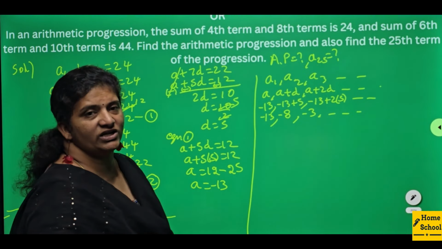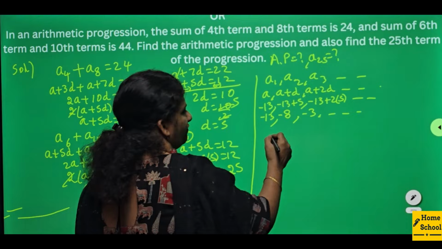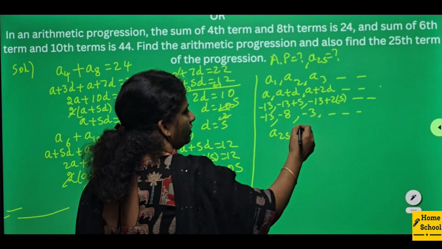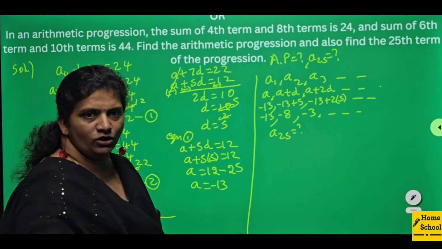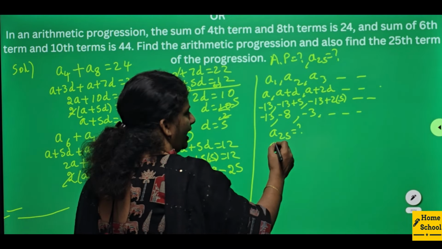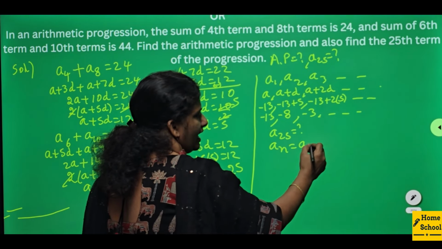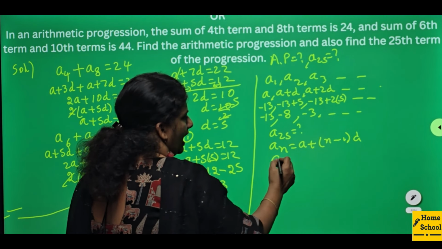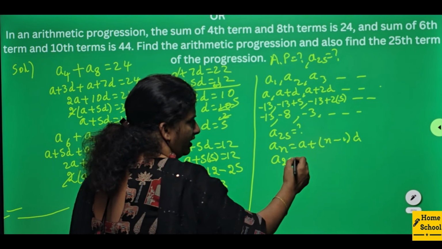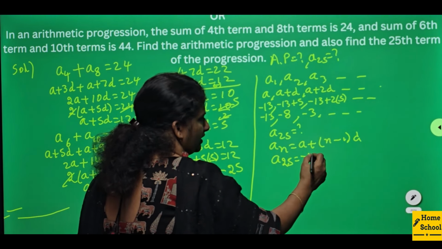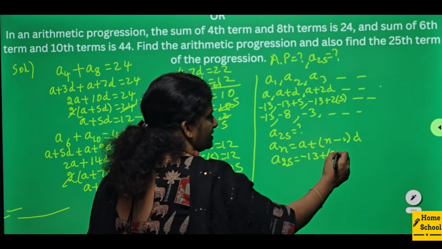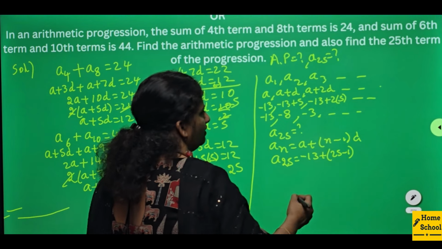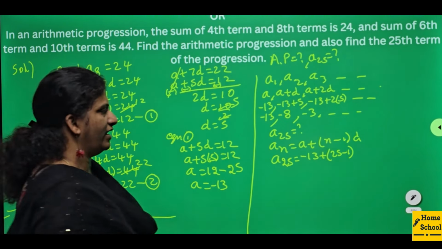And another question, a25 needed. In order to find the 25th term, we know the general form. an is equal to a plus n minus 1 into d. n value is 25, a value is minus 13, n value is 25 minus 1, and your d value is 5.